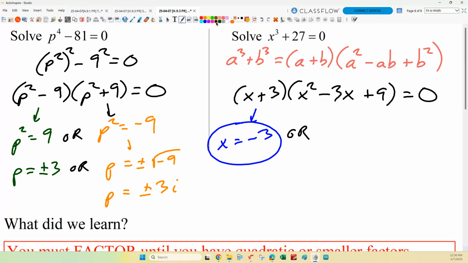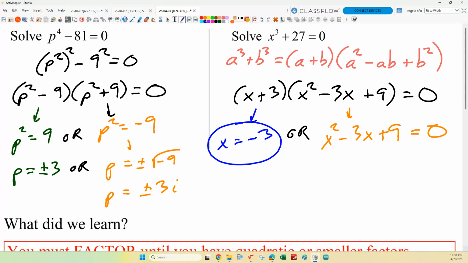It's not going to factor. Remember we talked about that earlier. When you use the sum or difference of cube patterns, that second trinomial is never going to be factorable. So this is one where we would just have to set that factor equal to 0 by the zero product property and solve some other way.